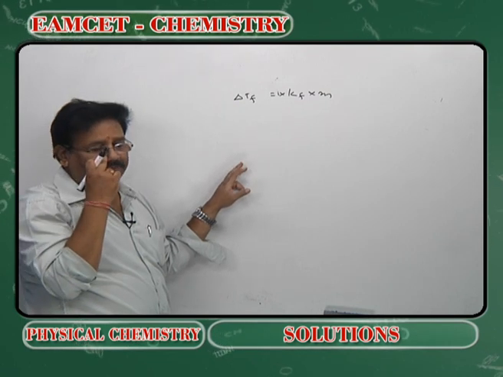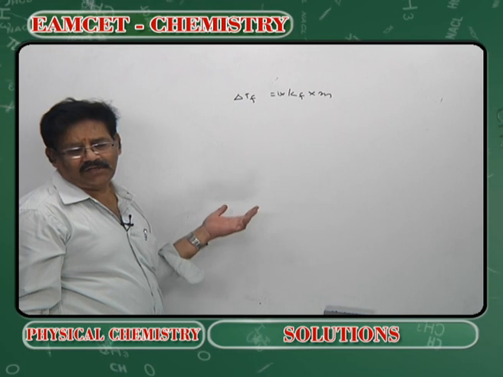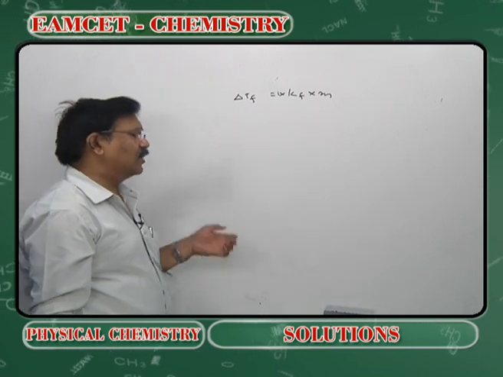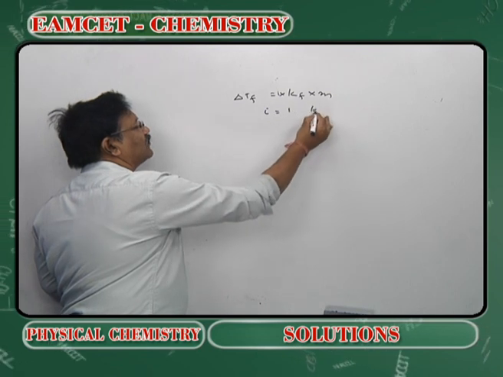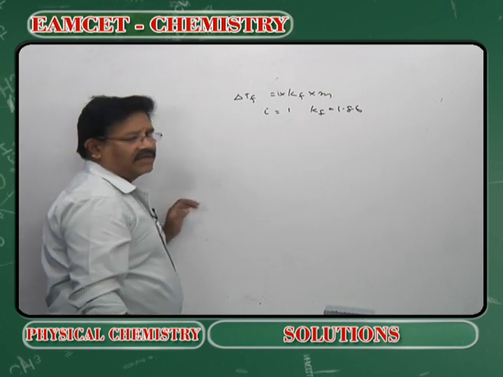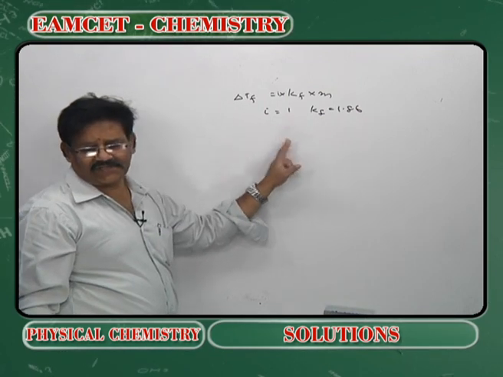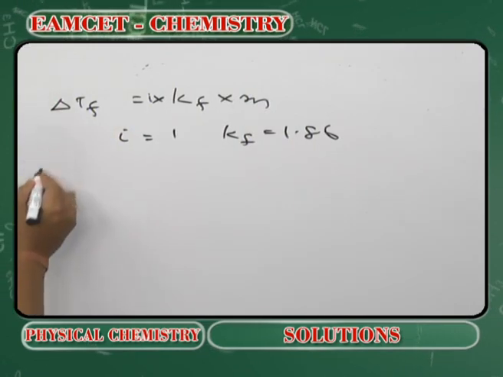What are we going to add? Ethylene glycol, which is a non-electrolyte. So i is equal to 1. For water, the Kf value is 1.86.